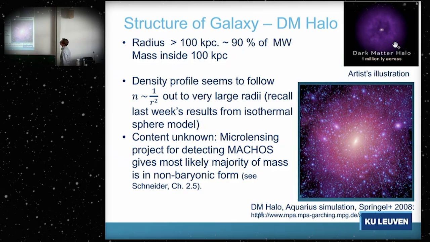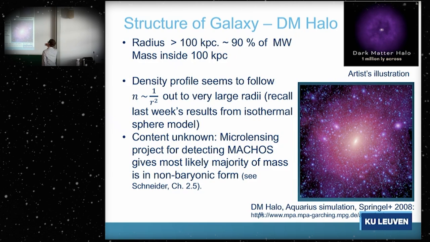The radius is at least above 100 kiloparsec. We don't really know how far out it really goes. 90% of the Milky Way mass is inside the 100 kiloparsecs. We had something like 10 to the 11 inside the Sun's orbit. We calculated that. So this would be on the order of 10 to the 12 solar masses.